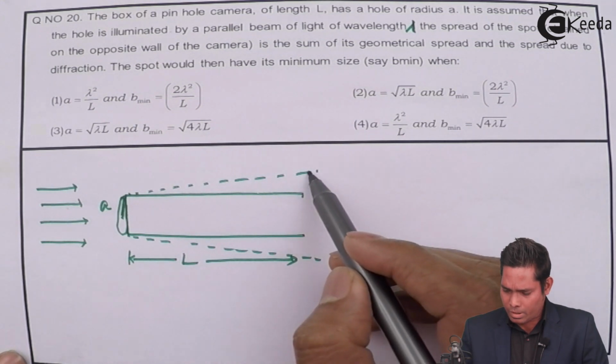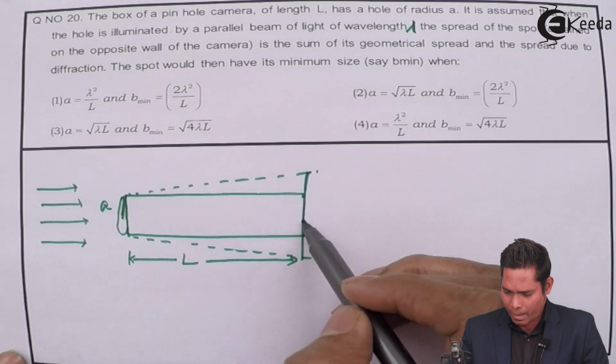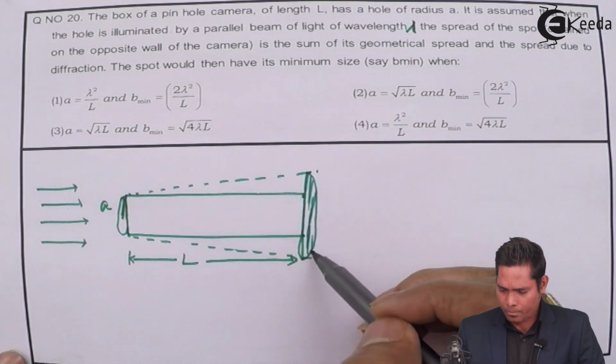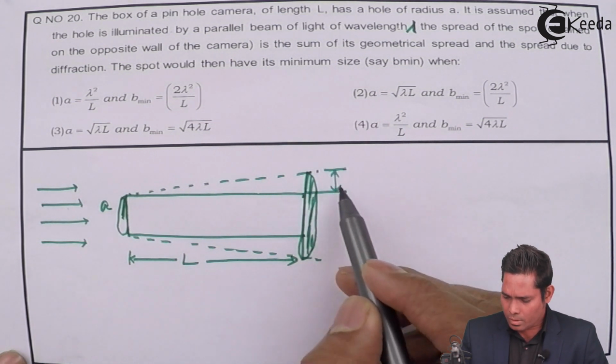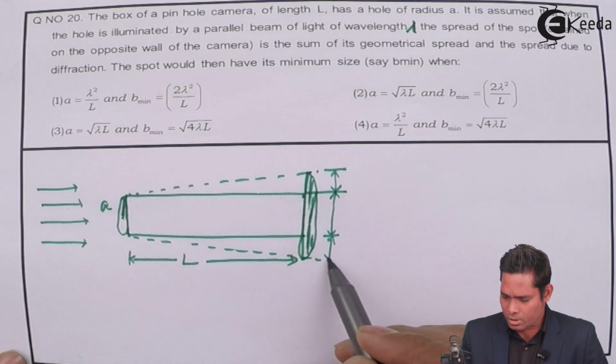So the image found here will have spread over this patch. This is the spread. This is basically this distance plus this distance plus this distance.